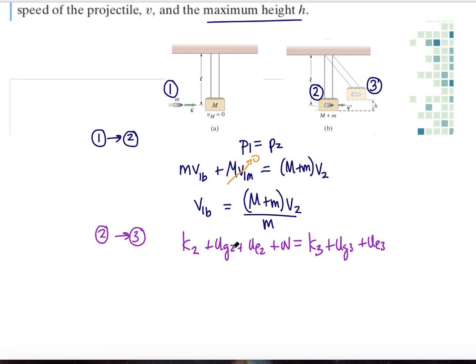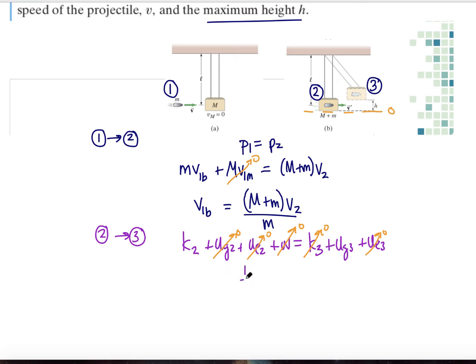Initially our height is 0, and it goes up to some other height, so our initial gravitational potential is 0. We have no mention of a spring, so no elastic energy, and there's no friction that we can see here. At state 3, however, we're at a maximum height, so our speed goes to 0. So what we have left is K2 is equal to UG3.